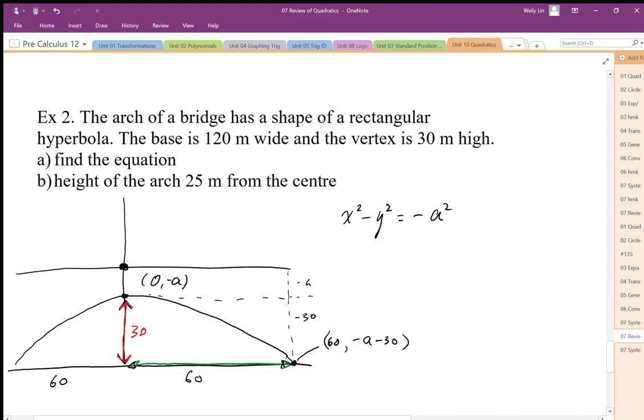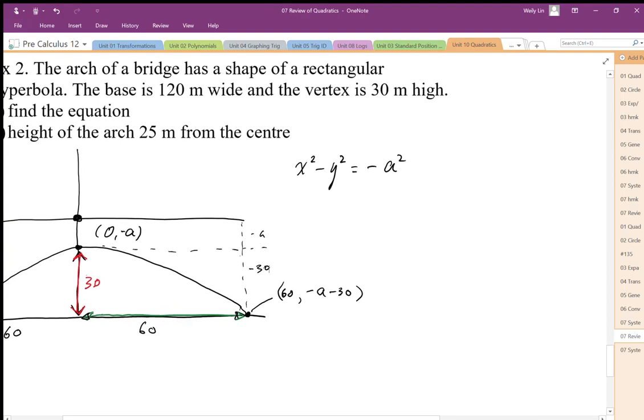I have a variable in this coordinate, which seems to be a problem, but notice it's the same variable that's already in here. So it's not like I'm introducing a new variable. So I can use that principle that every coordinate xy must fit the xy graph. So if I plug 60 in for x and negative a minus 30 squared for y, let's see what happens.